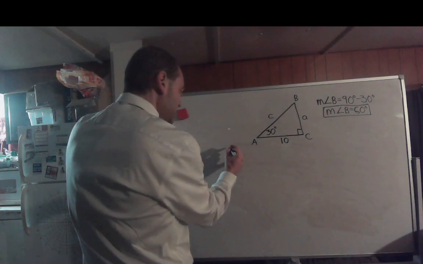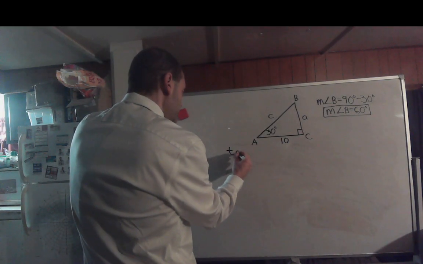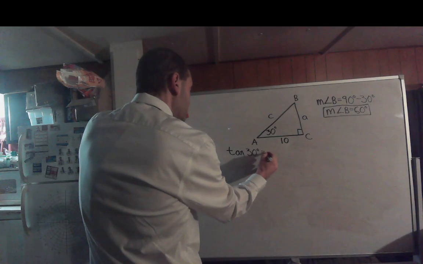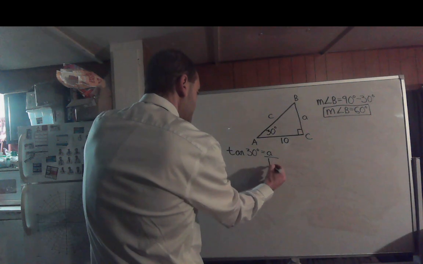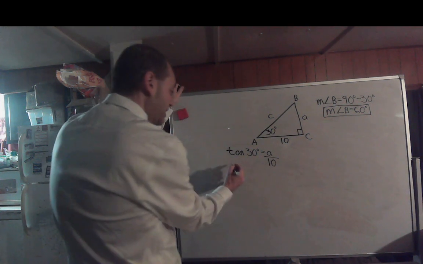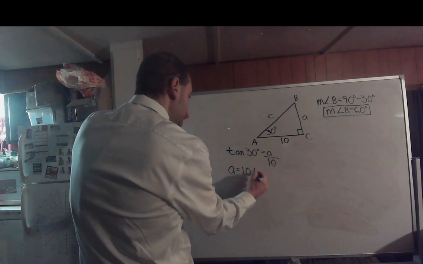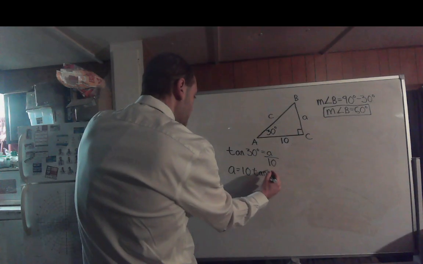So go ahead and set that up. You'll take the tangent of 30 degrees equals A over 10. Now we can easily solve for A, because A is going to equal 10 times the tangent of 30 degrees.